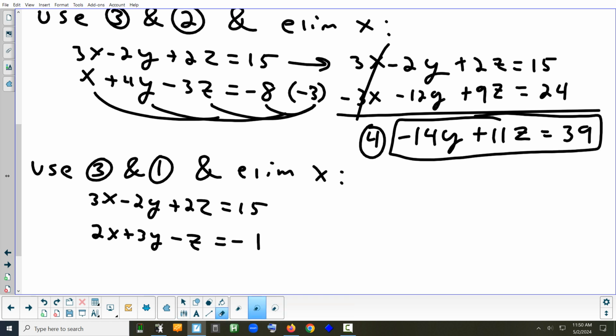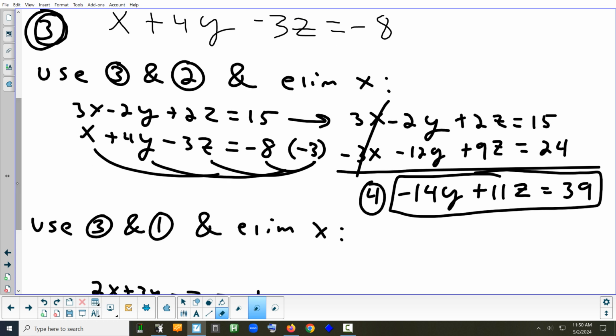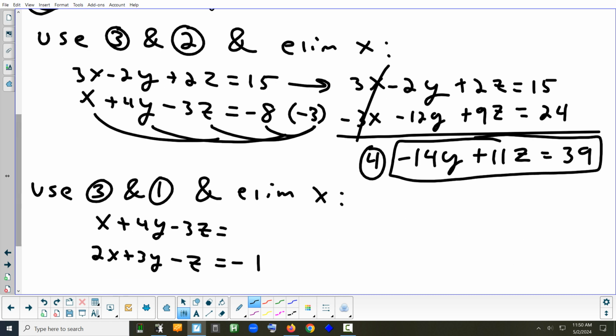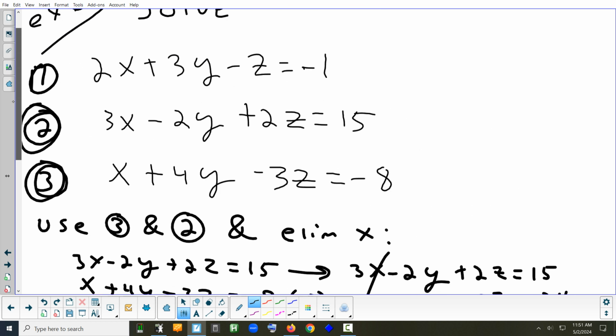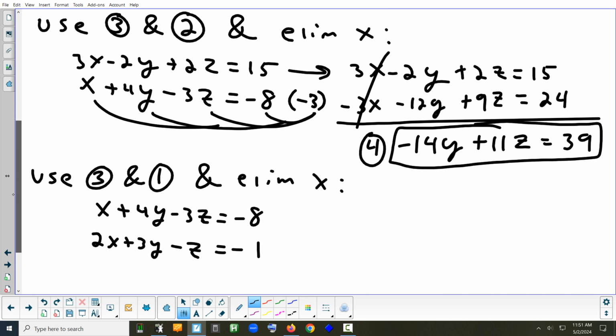I don't know what I wrote. x plus 4y minus 3z equals negative 8. So always make sure you copy it correctly. Okay, so that was equation 3. Did I copy 1 right? 2x, 3y minus z. Okay, that looks good.